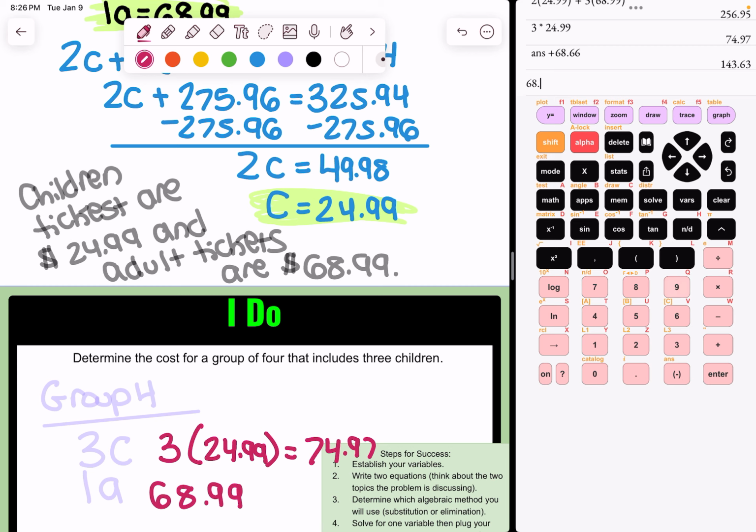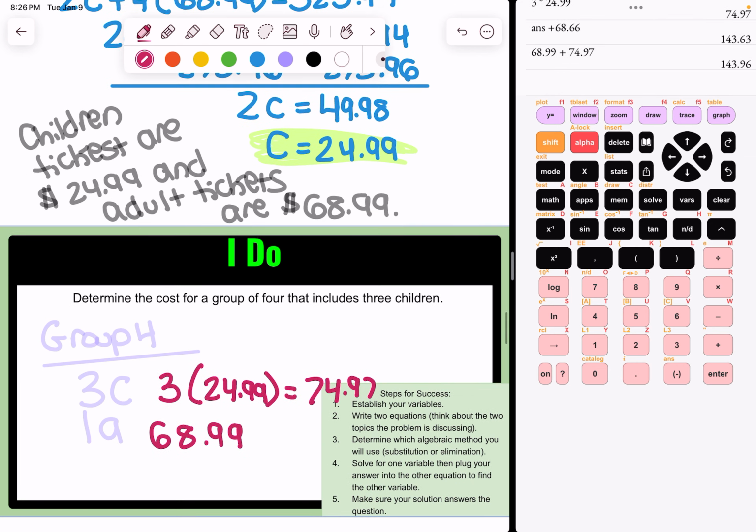Keep typing in the wrong number by accident. $68.99 plus $74.97 gets us the group of 4 that includes 3 children would cost $143.96.